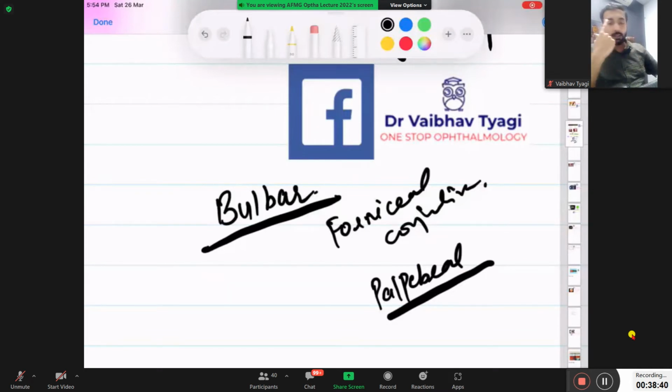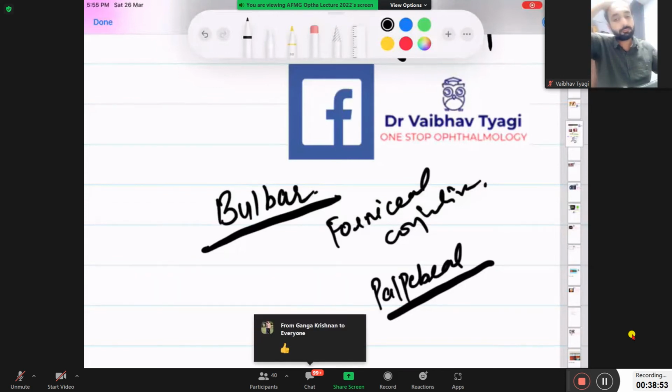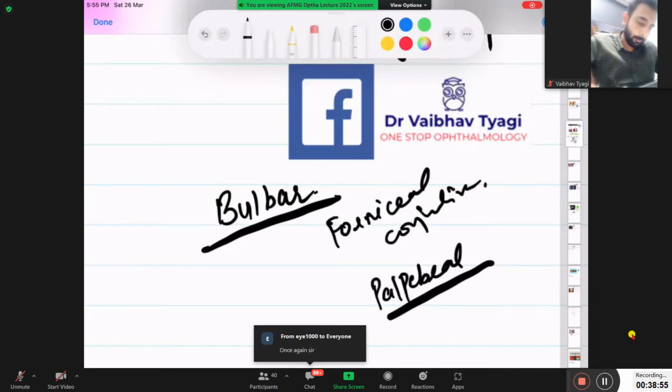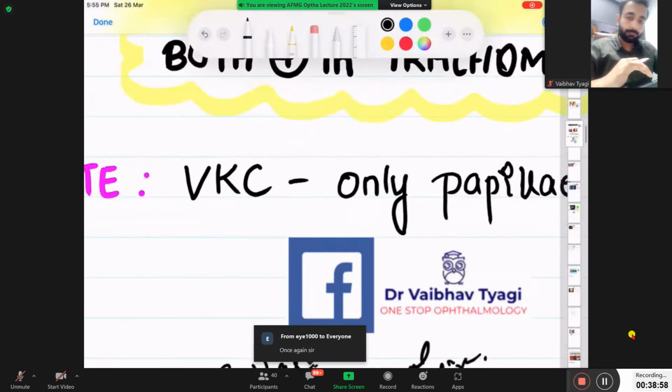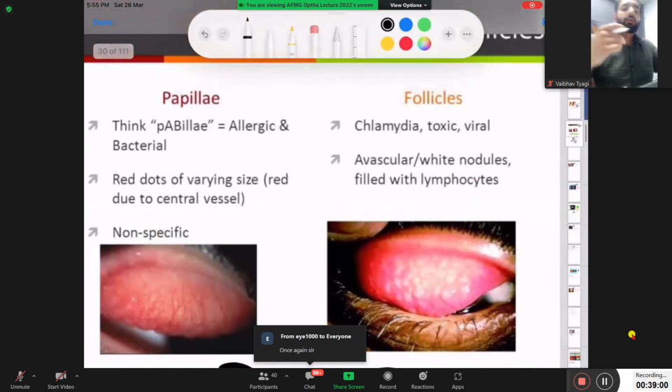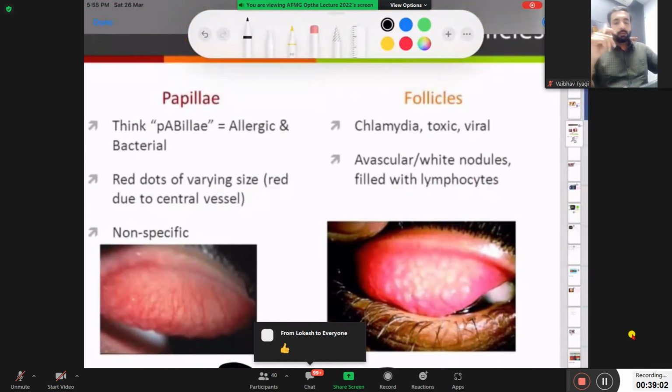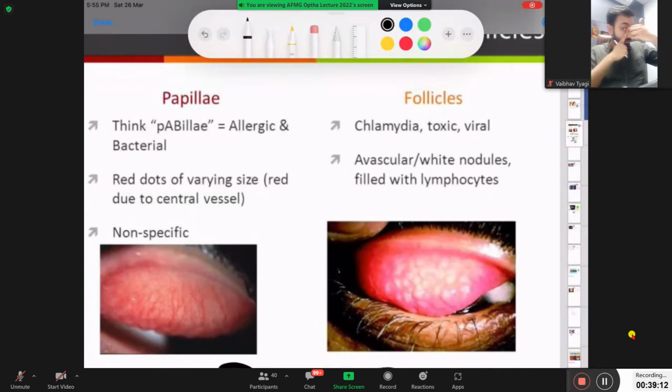Three conjunctivas: bulbar conjunctiva, fornicial conjunctiva, palpebral conjunctiva. Palpebral is when you evert the upper lid. The one over the sclera is bulbar, and in the fornices is fornicial.